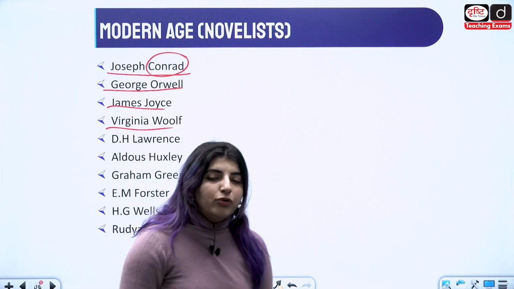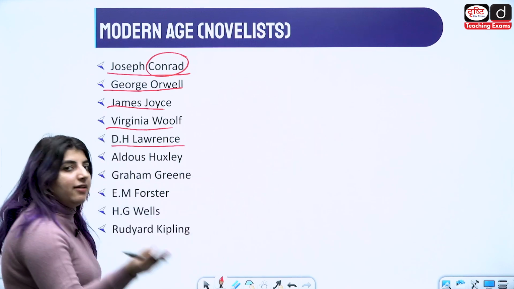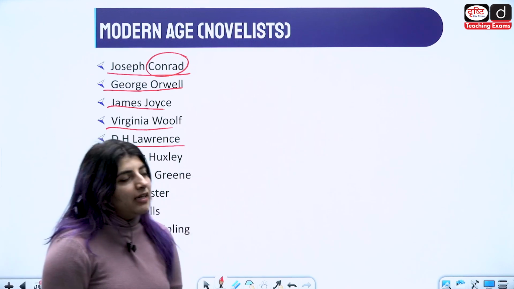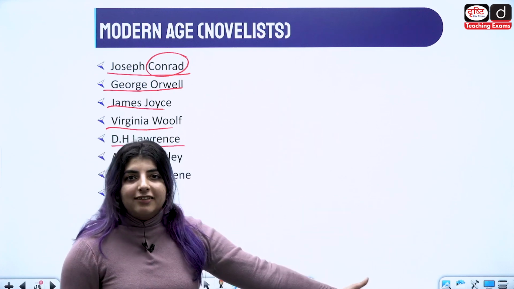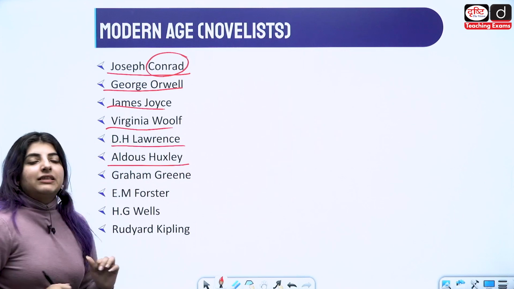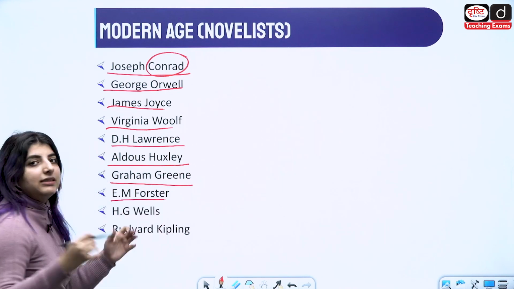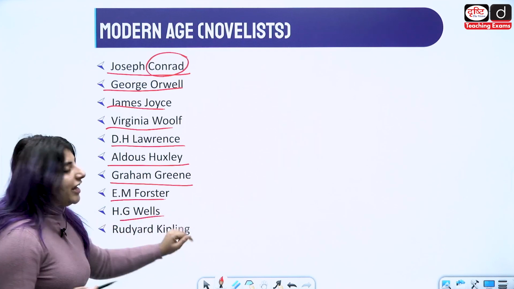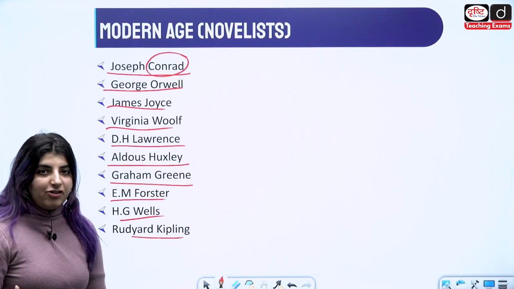So recently this was the one that was asked in a question. D.H. Lawrence, his works in chronology, Sons and Lovers, Kangaroo, all these. Lady Chatterley's Lover, a beautiful work, which was banned. Aldous Huxley, right? Graham Greene, E.M. Forster's A Passage to India, H.G. Wells, The Invisible Man, Rudyard Kipling, Kim majorly, right?